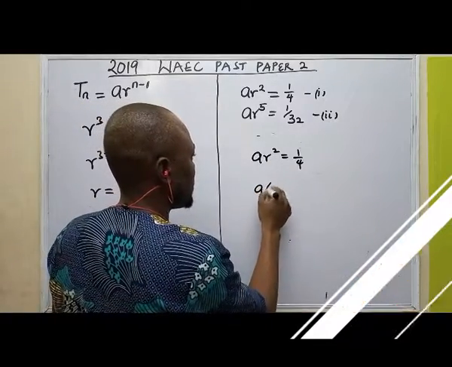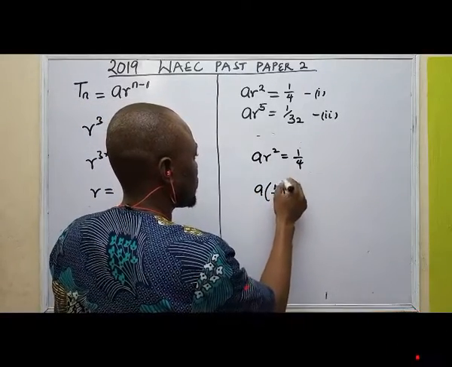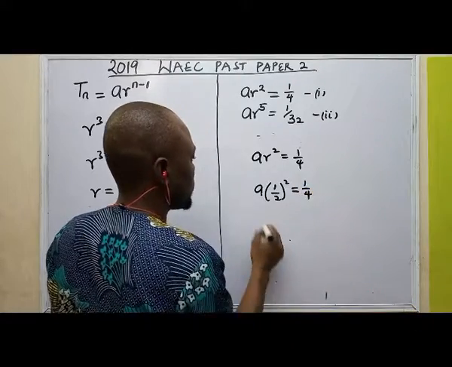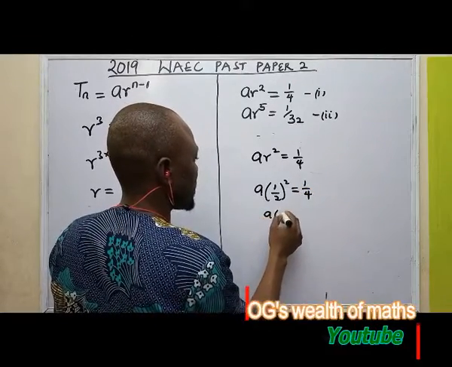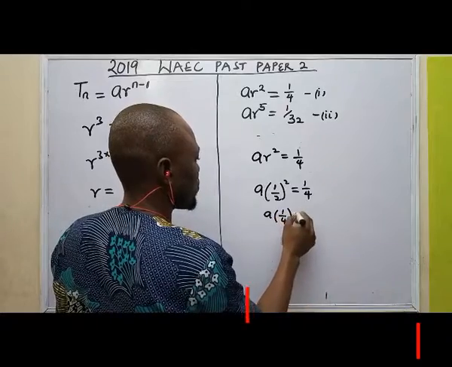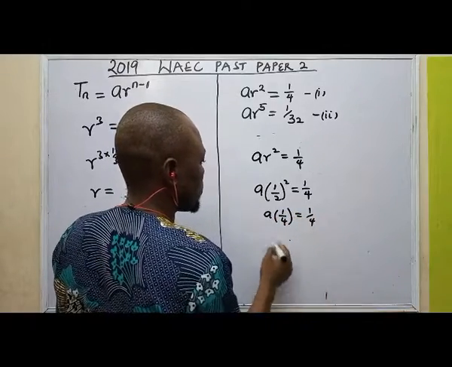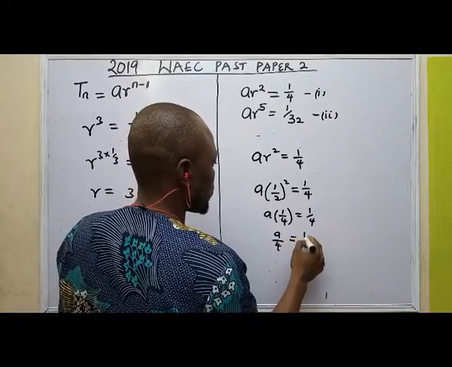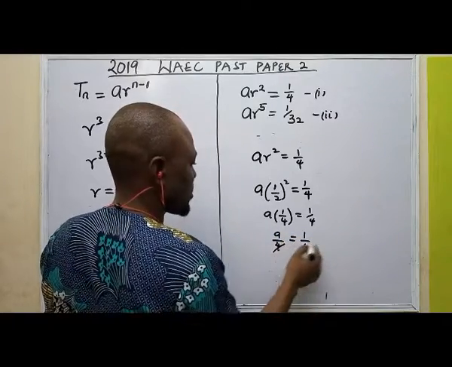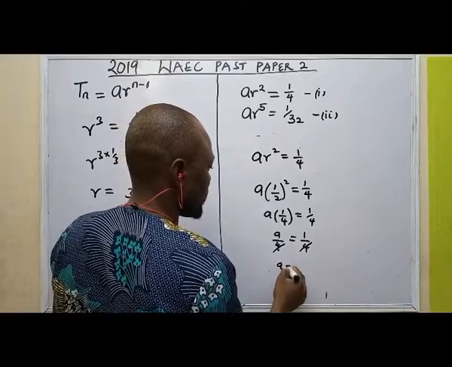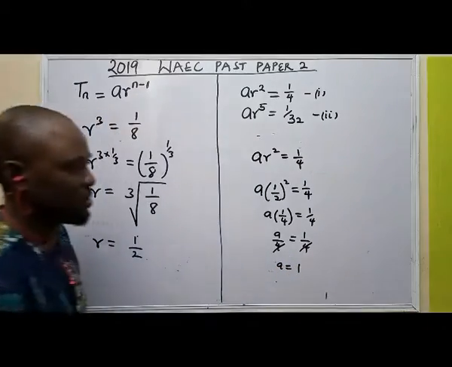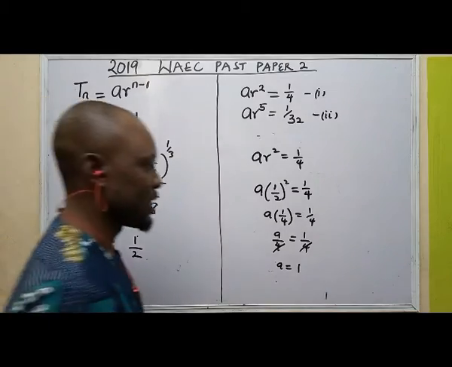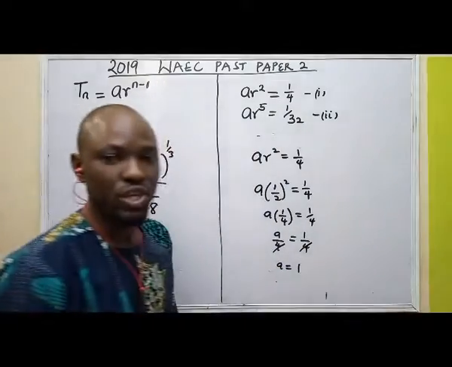So a into bracket 1/2 all squared equals 1 over 4. This will give me a times 1/4 equals 1 over 4. So this is like saying I have a over 4 equals 1 over 4. So these cancel, and a will be equal to 1. So I've gotten my first term and the common ratio.